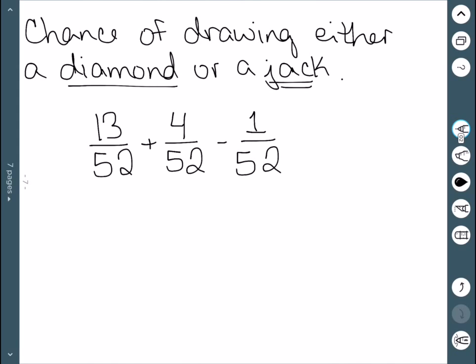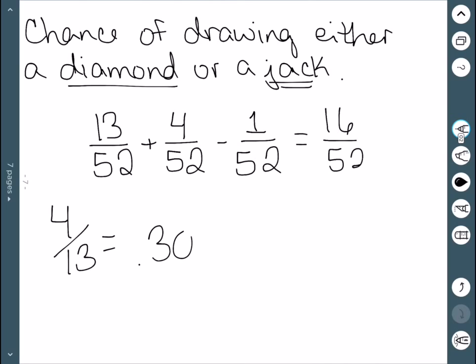Therefore, I have 13 plus 4 minus 1, which would be 16 over 52. And then we can write this several different ways. We have it written as a reduced fraction 4 over 13, as a decimal 0.308, and as a percent 30.8%.